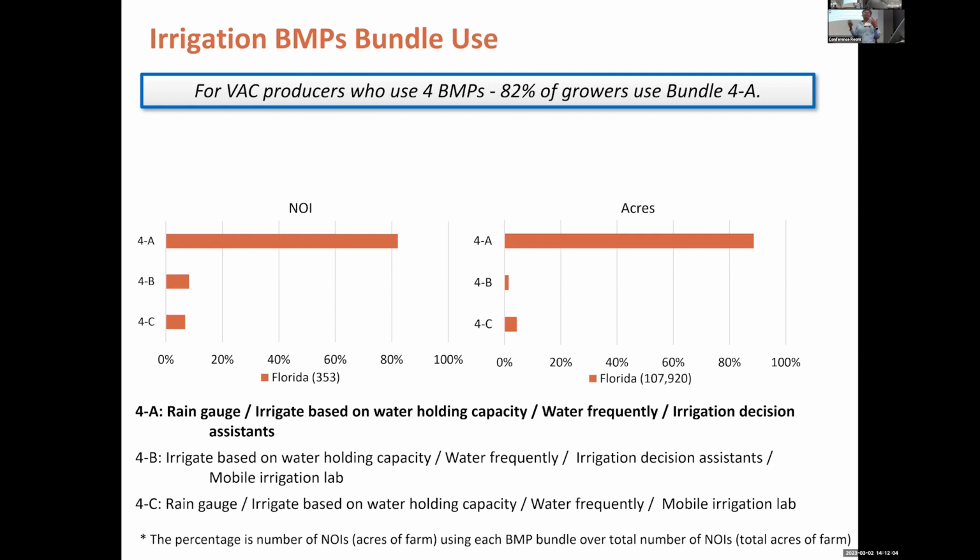So the question I'd like to ask here, and we'll do the same for nutrient management so you can see what's happening, is: are people who are adopting, say, 1 or 2 of these practices, can you encourage them to adopt 4? What's happening on these farms that are using the 4 practices? We know that field agents are going out and selecting these practices, but theory tells us if you're already adopting practices, you're more likely to keep adopting.